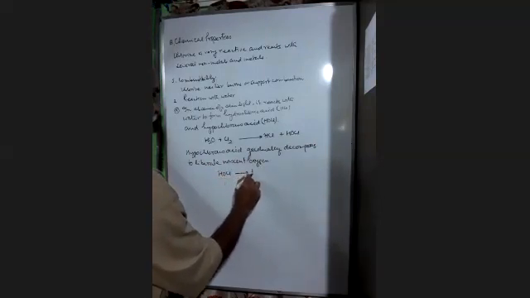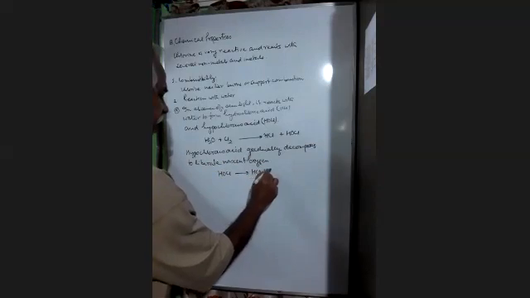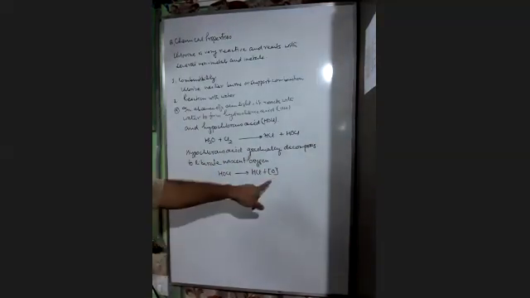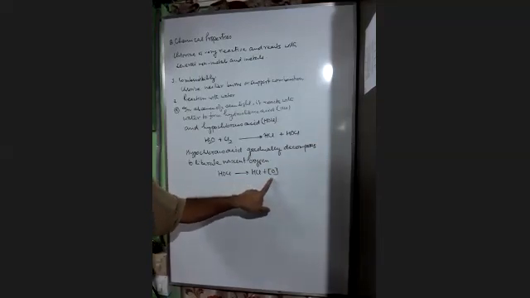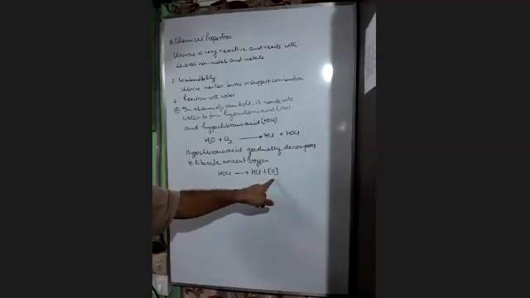HOCl gives HCl and nascent oxygen. See, this is the reason for which chlorine water bleaches and chlorine water is found to be disinfectant. Municipal water is being purified by adding chlorine water.